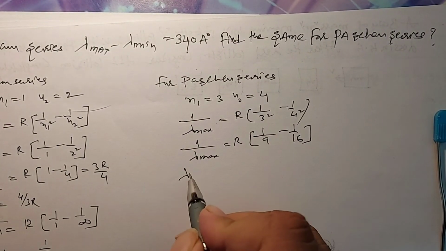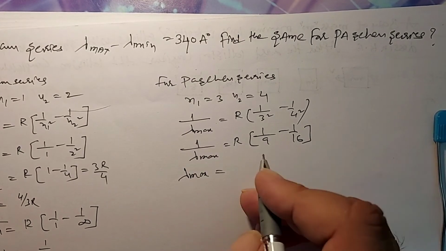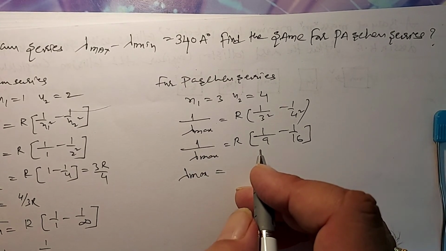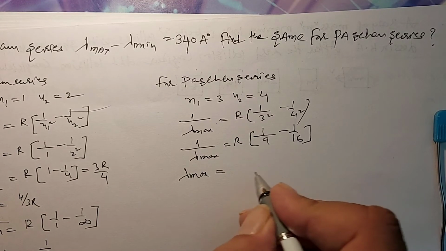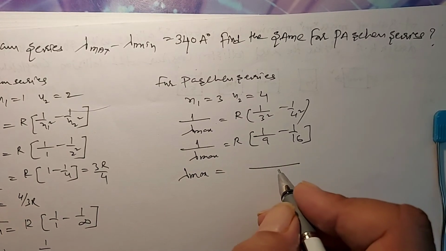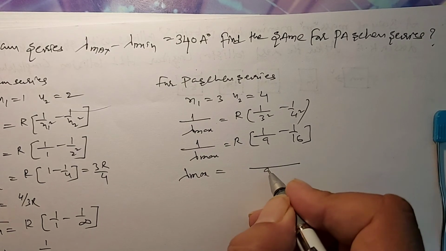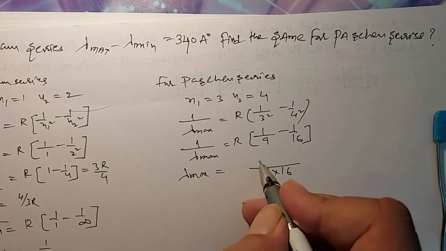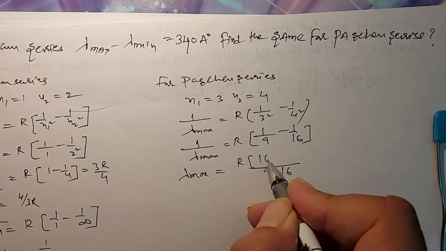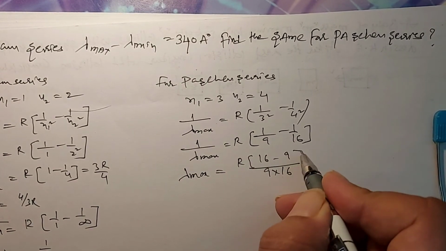So here, 9 into 16 LCM is 144, so it is R into 16 minus 9.